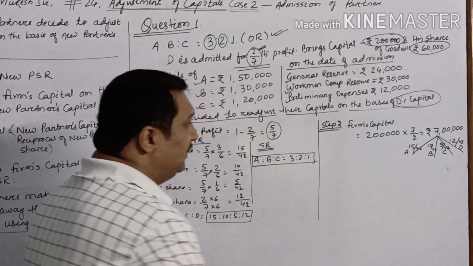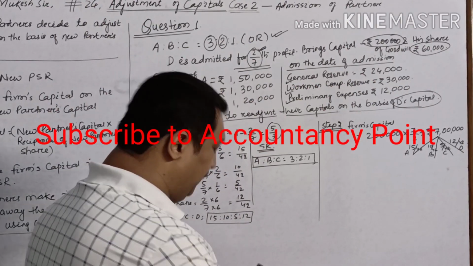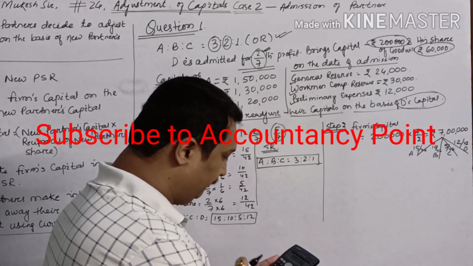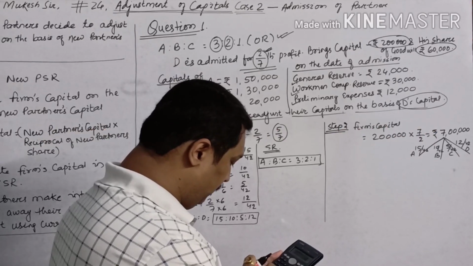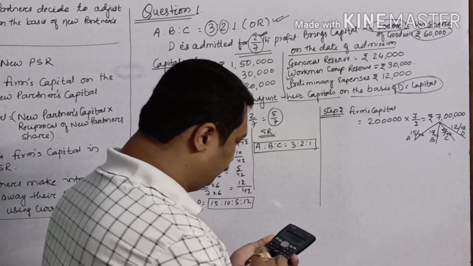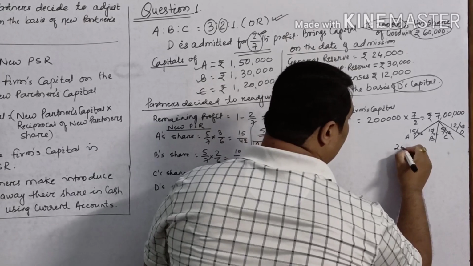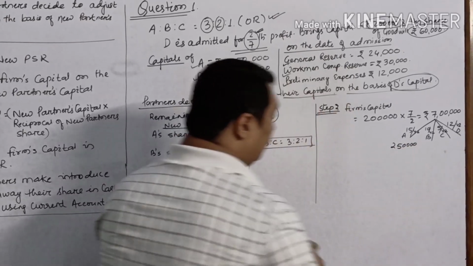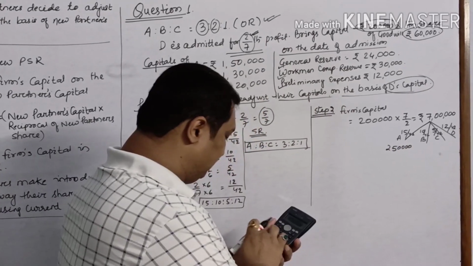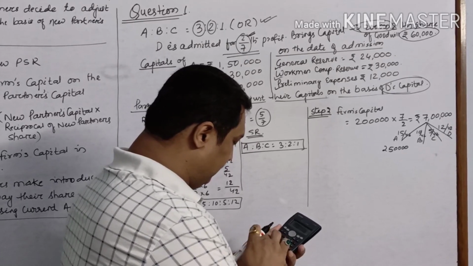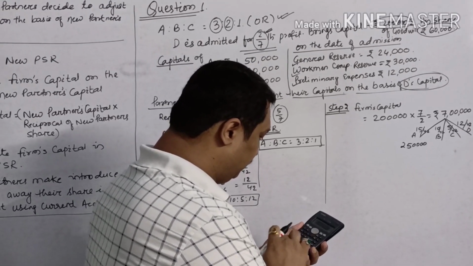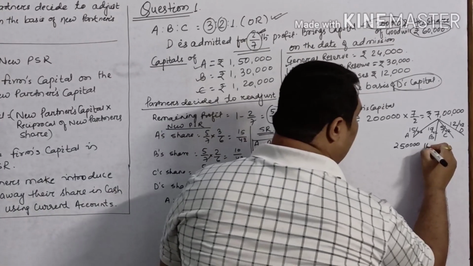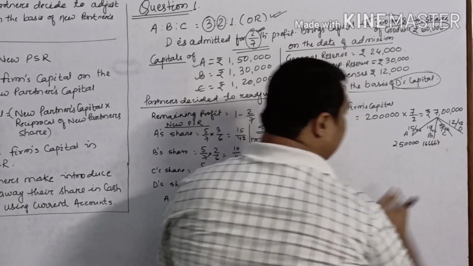So if we distribute this, the share of each will be 7 lakh into 15 divided by 42. It is rupees 2,50,000. For B it will be 7 lakh divided by 42 into 10. It is rupees 1,66,667.